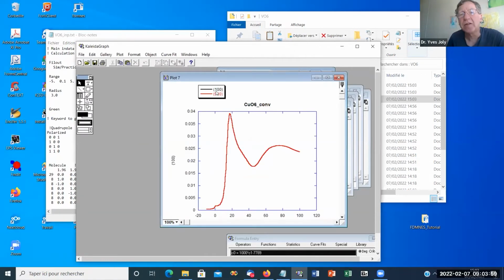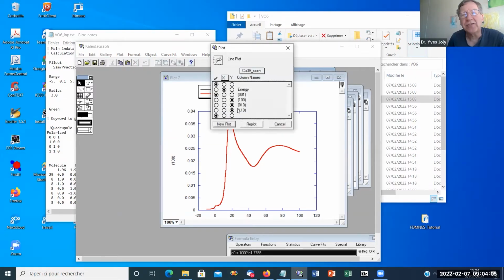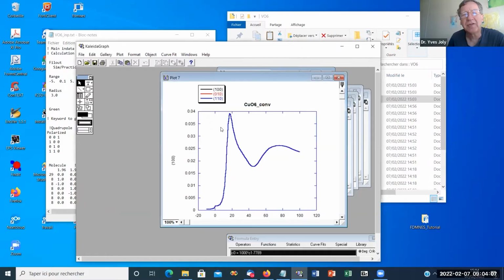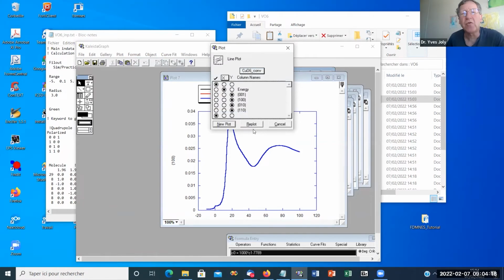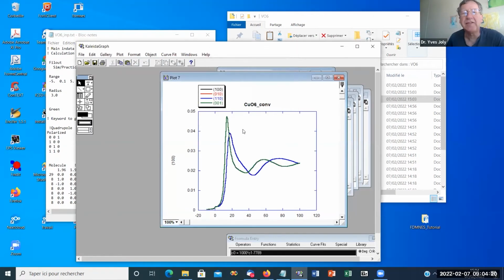And indeed, they are equal. Along X and Y, the same, it's normal. It's the same symmetry. But in fact, also this one. You see? So in any direction in the basal plane, it's always the same. But on the contrary, if you are along Z, it's the other situation.